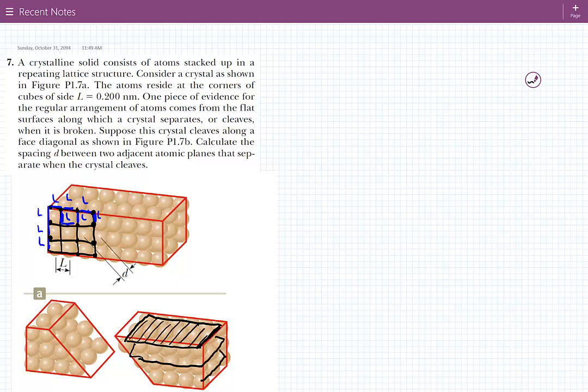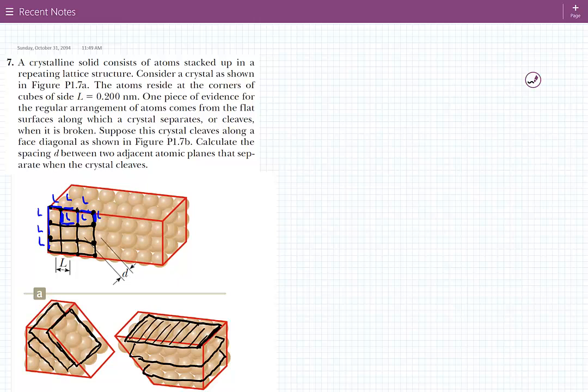And here's another one, and so forth. And then when the crystal was cut, it was cut along this diagonal plane right here. You can see it. Diagonal plane right here. And here's the second one behind it. There's another plane, and so forth.